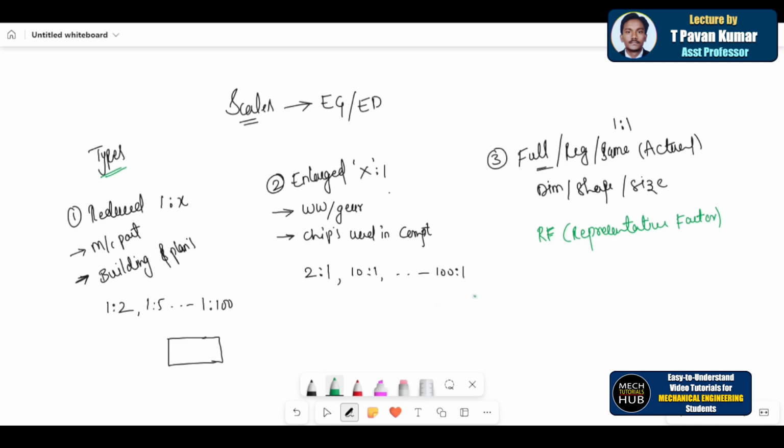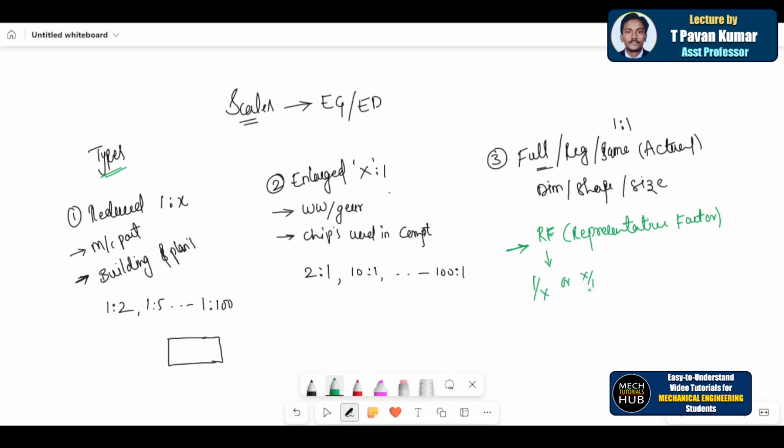There is a small confusion that RF is different from scale. It is not. Scale is also the same as RF, but the only difference is that RF is always expressed in terms of a fraction, 1 by x, or it could be x by 1.